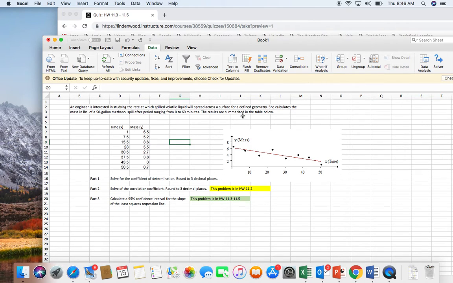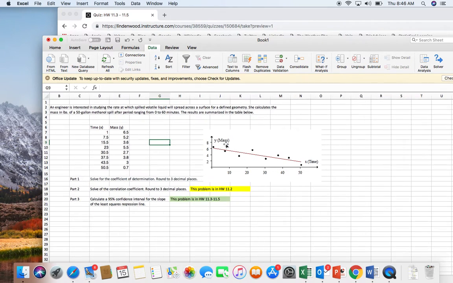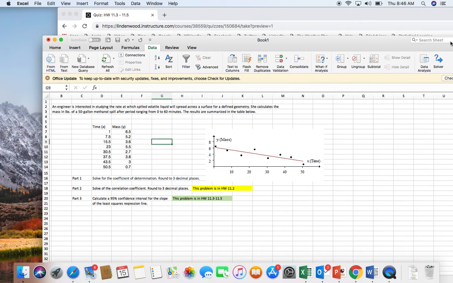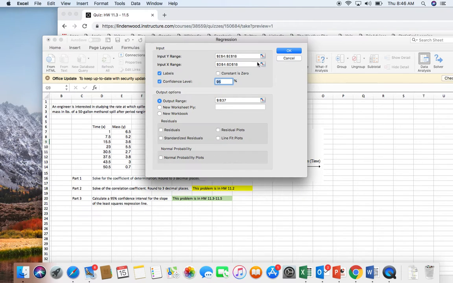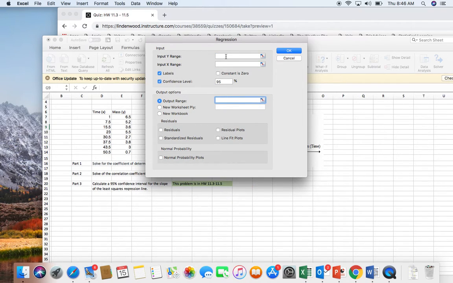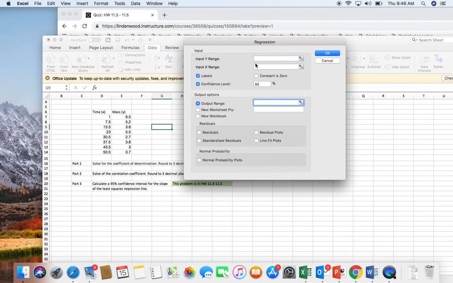The way we're going to perform this is much like what we did in the last video. We're going to hit data analysis. We're going to hit regression. I'm going to clear these fields. And we're going to input for the Y range, we're going to highlight this column.